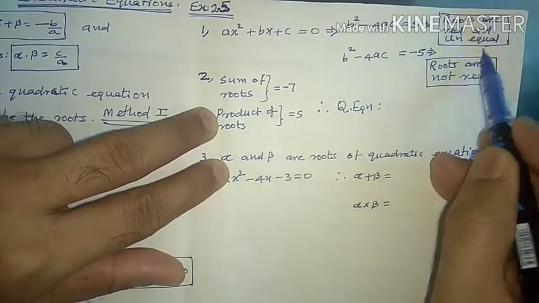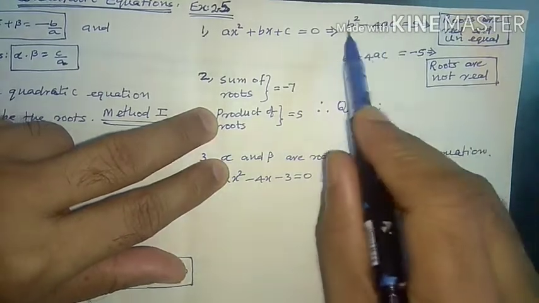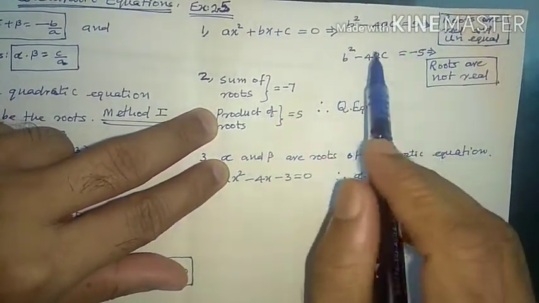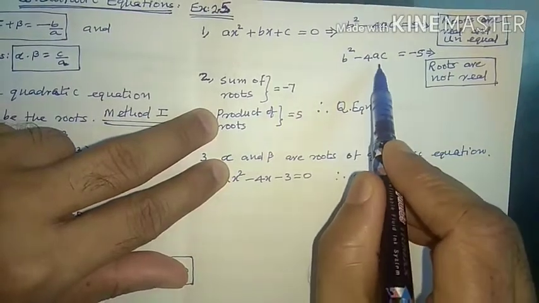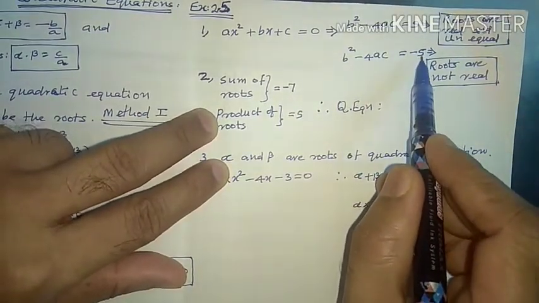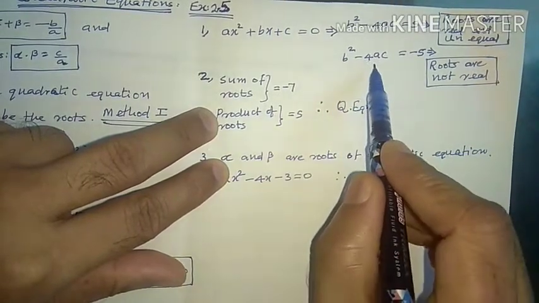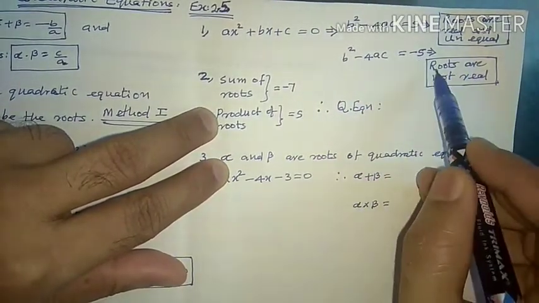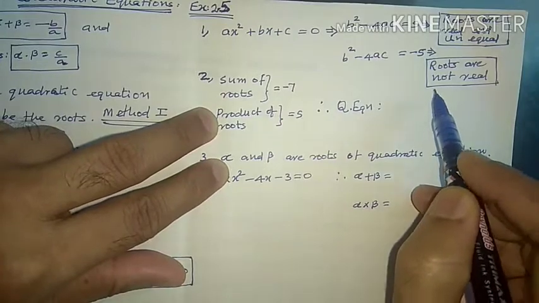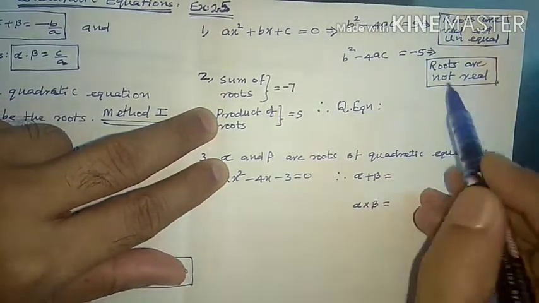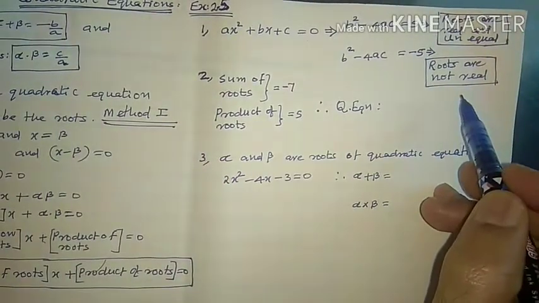Roots are real and unequal if the discriminant is positive. Second case is what? b square minus 4ac is a negative quantity, minus 5. If b square minus 4ac is negative, then roots are not real. Roots are not real roots, imaginary roots, which we'll study later on.